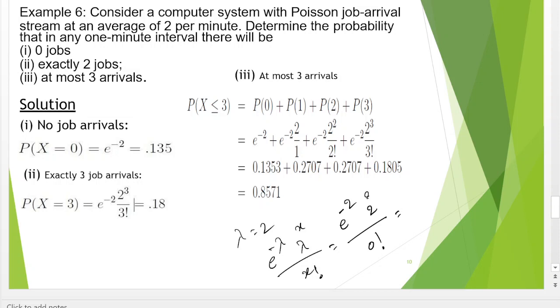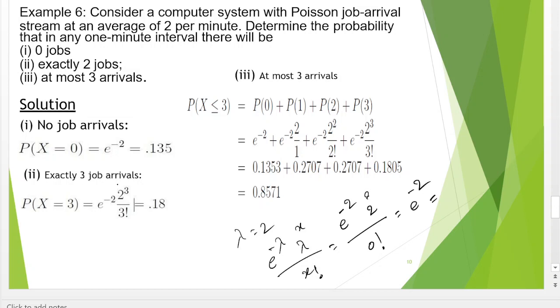Then 2 power 0 is 1, 0 factorial is also 1. Then you will get e power minus 2. The value of e power minus 2 is 0.135. So the probability of no job arrivals is 0.135.